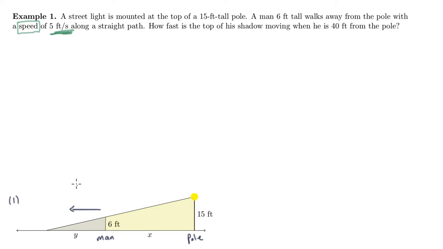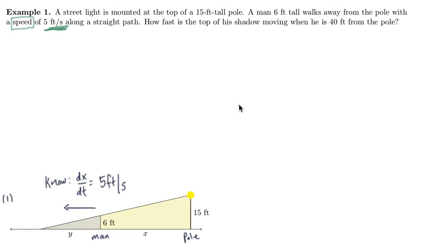So we actually know dx/dt is equal to 5 feet per second. Hopefully that makes sense. Again, I'm just writing down what I know. I have these quantities that I'm calling x and y, and I know that x is changing at a rate of 5 feet per second.